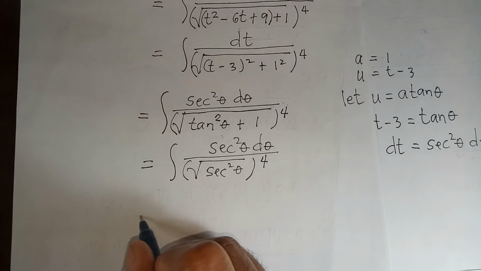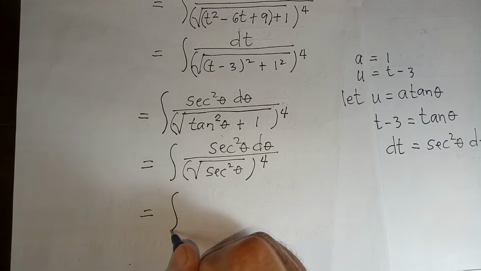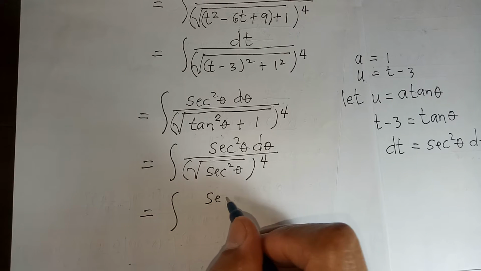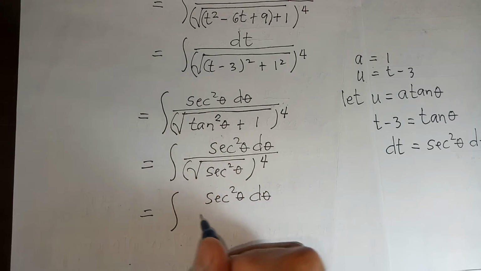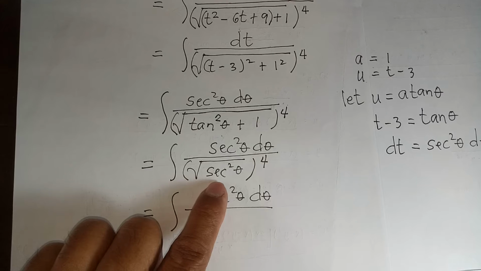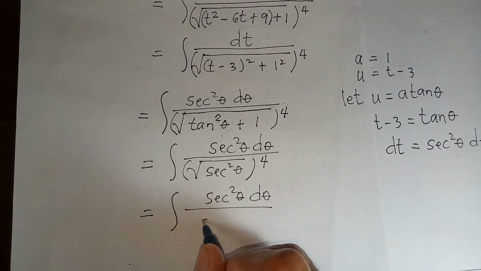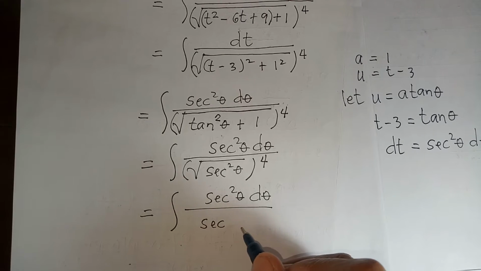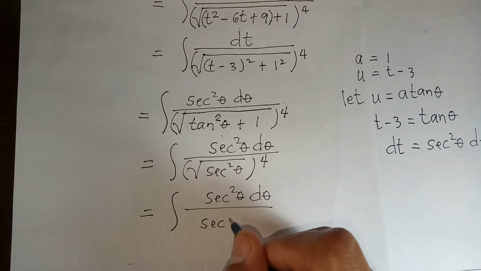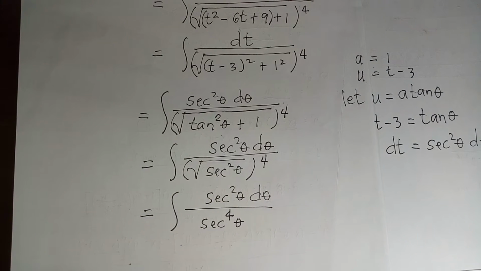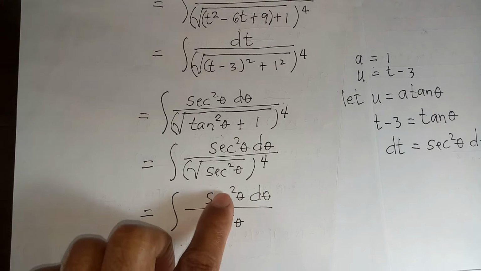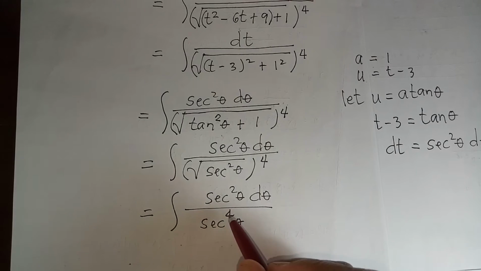So, I will have integral of secant squared theta, yung ating numerator, d theta, divided by secant of theta, naka-raise siya sa 4. Kaya magiging secant raised to 4 of theta. So, dito, we can now cancel secant squared of theta.